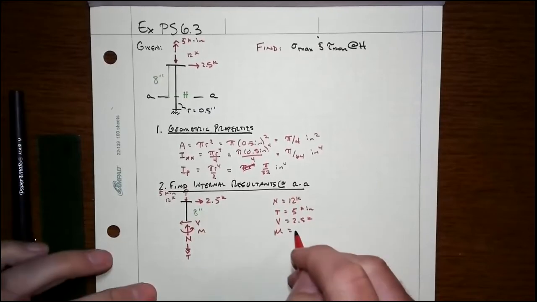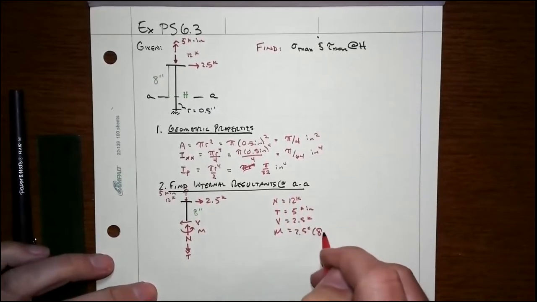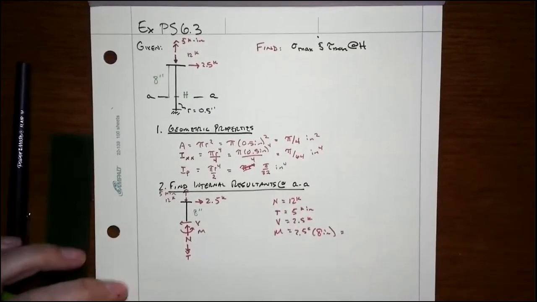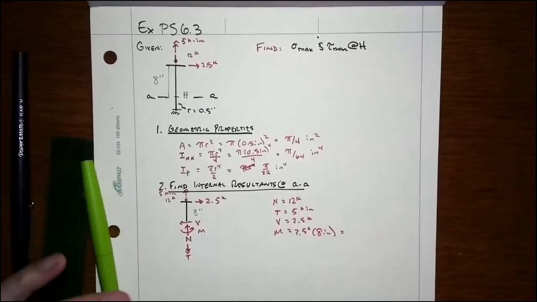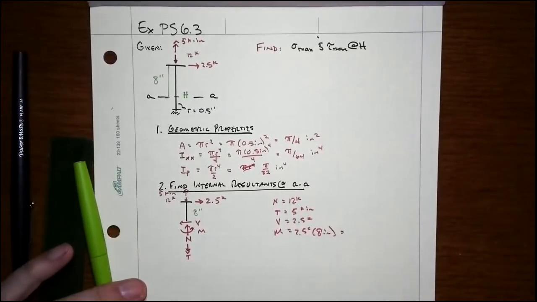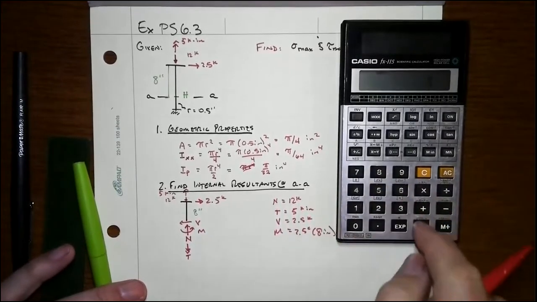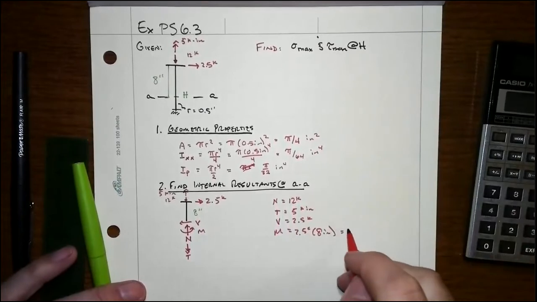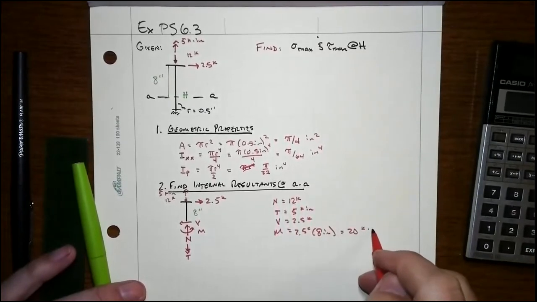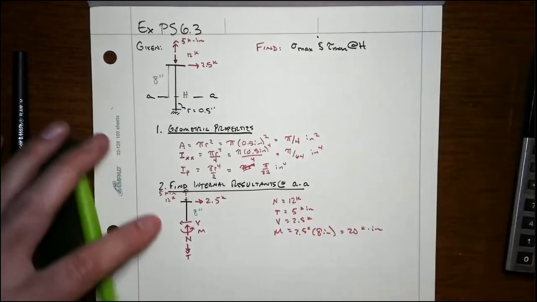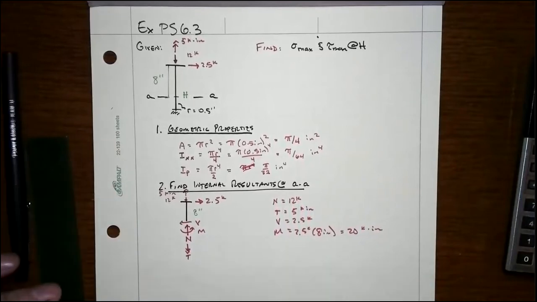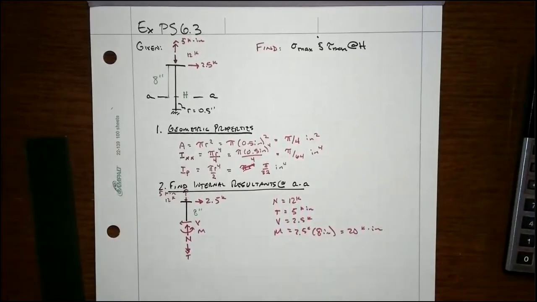So 2.5 kips times our 8 inches, and that will be, I think, 10, won't it? No. See, 2.5 times 8 is 20 kip inches.